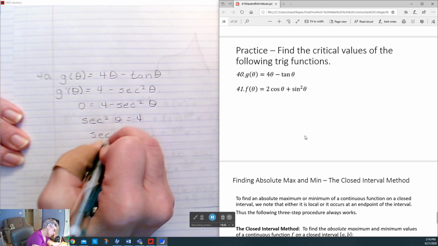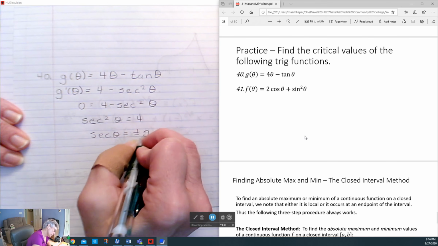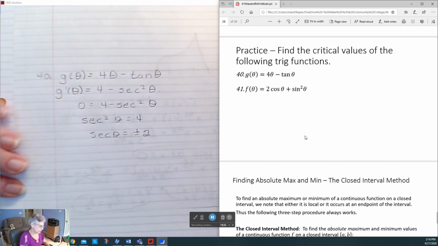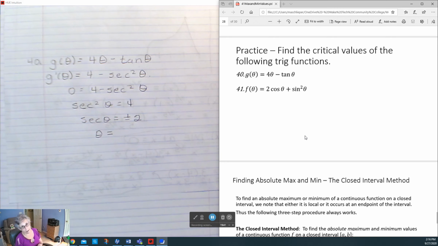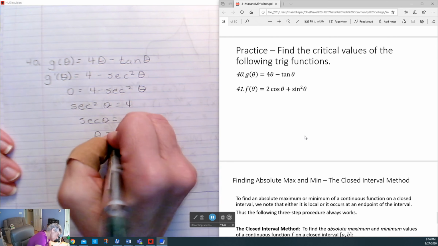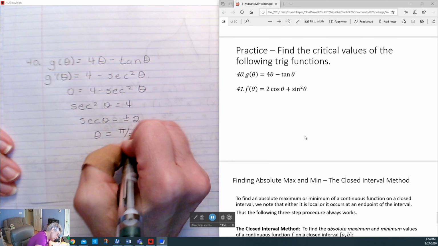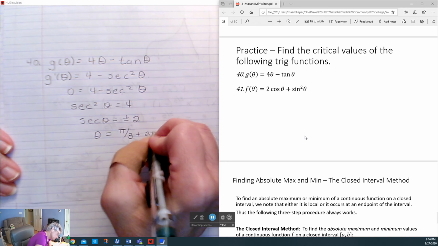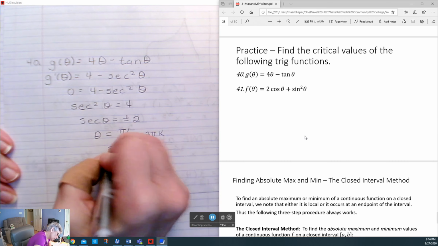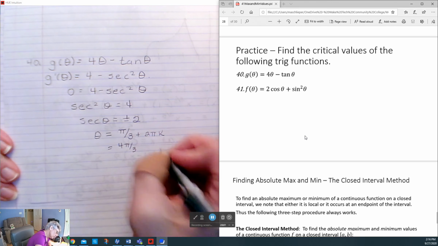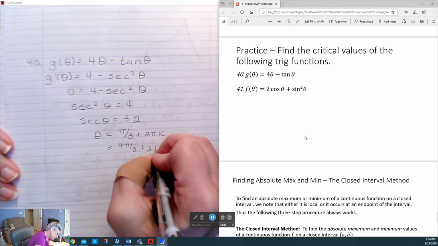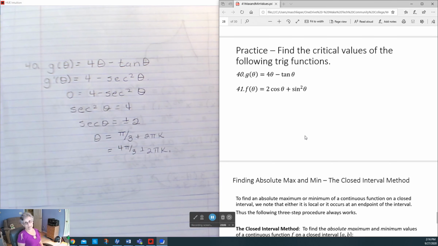So secant, after all of that, is plus or minus 2, which means that cosine is plus or minus a half, which means that theta is pi over 3 plus 2 pi k, or four pi thirds plus 2 pi k. I'll leave the next one for you to do on your own.